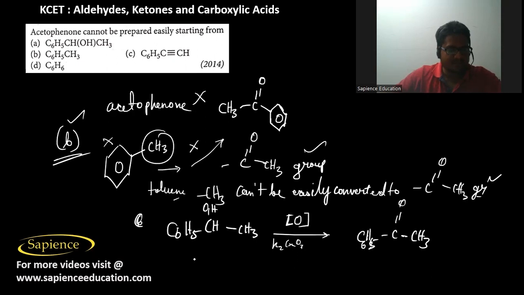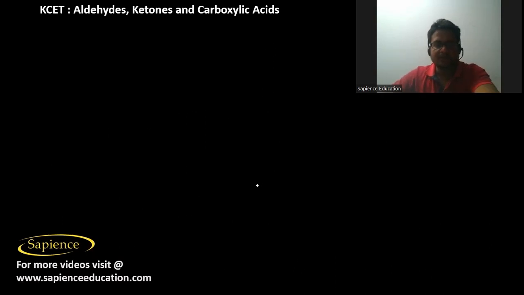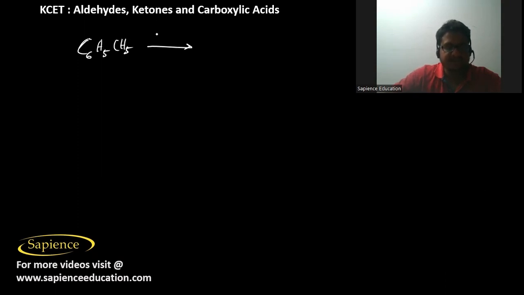And also in option B, from toluene we can obtain it, but it will take three steps. C6H5CH3, then with chromyl chloride, CrO2Cl2, it will give nascent oxygen and be oxidized to the aldehyde, which is benzaldehyde.